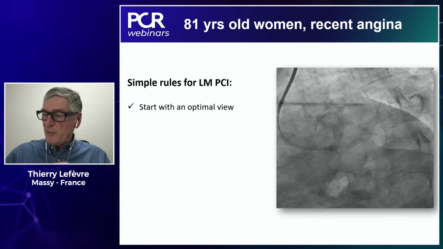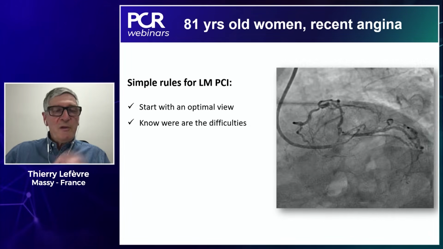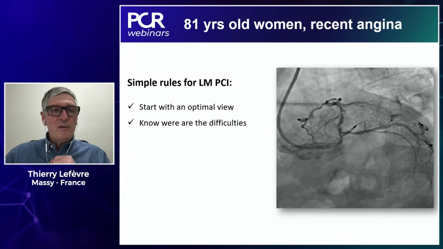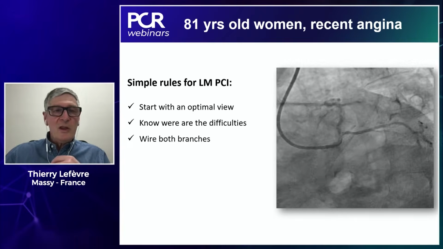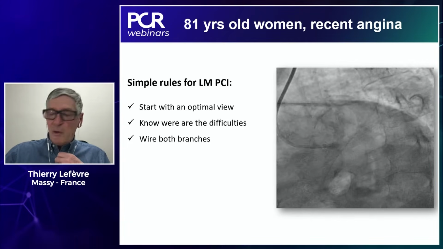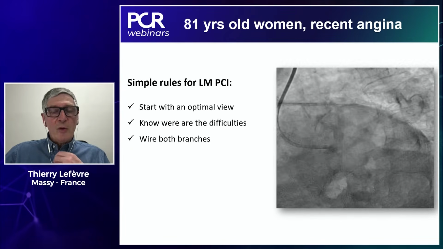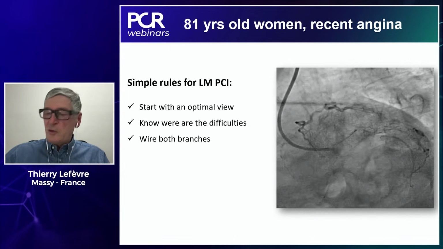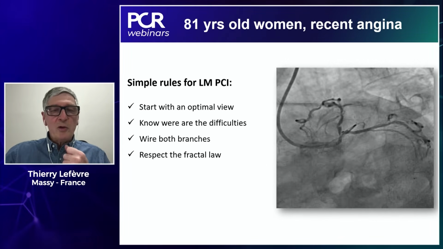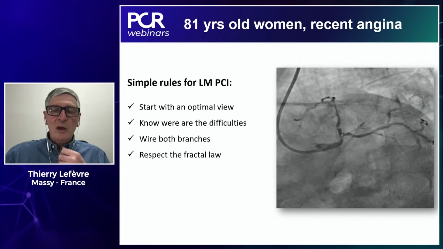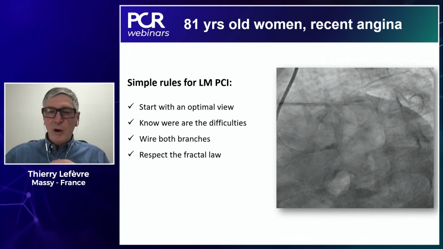Usually it's a cranial view, not the spider view. Know before starting the procedure where the difficulties are and discuss with other colleagues or have a proctor if needed. It's also very important to wire both branches because you secure the procedure with 2 wires in both branches. And very important also to respect the fractal law in order to avoid carina shifting when you treat one of the 2 branches.